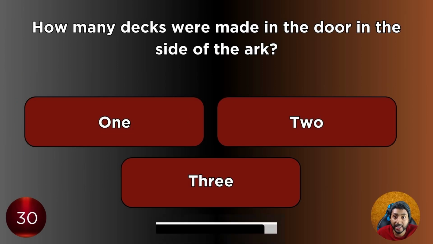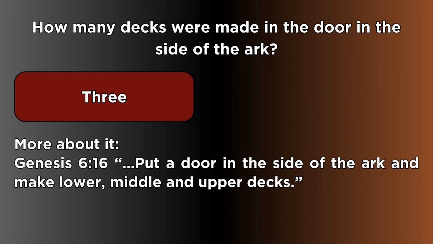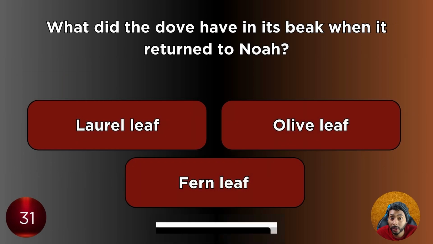30. How many decks were made in the door and the side of the ark? 1, 2, or 3? 3. Genesis 6:16. Put a door in the side of the ark and make lower, middle, and upper decks. 31. What did the dove have in its beak when it returned to Noah?